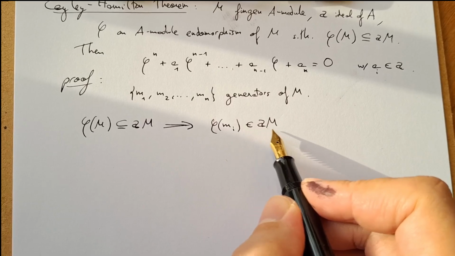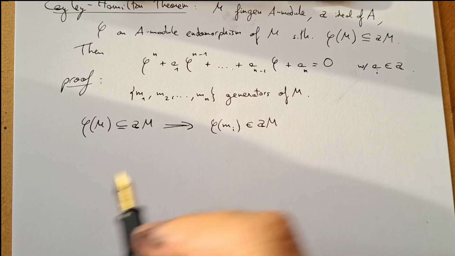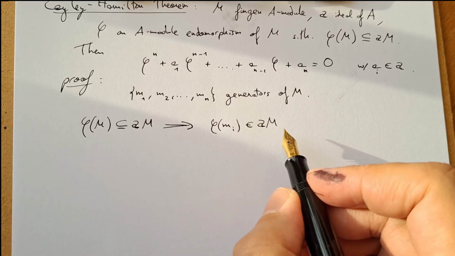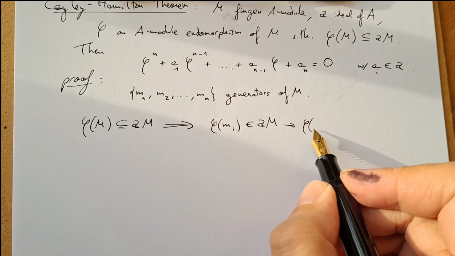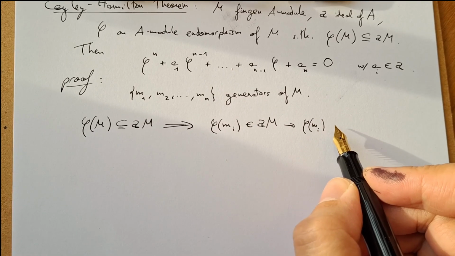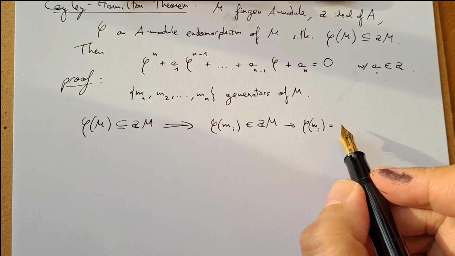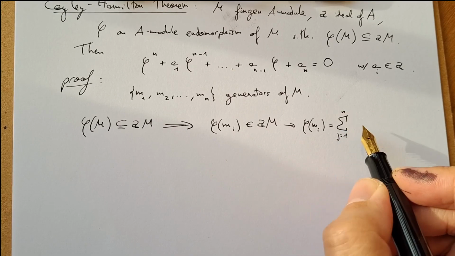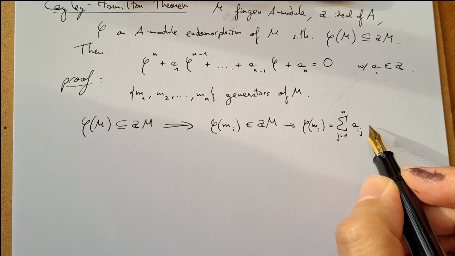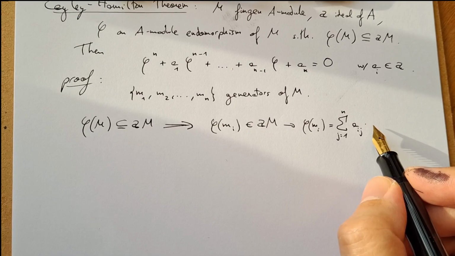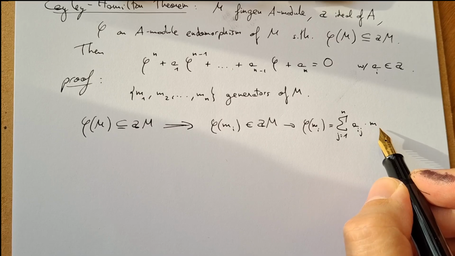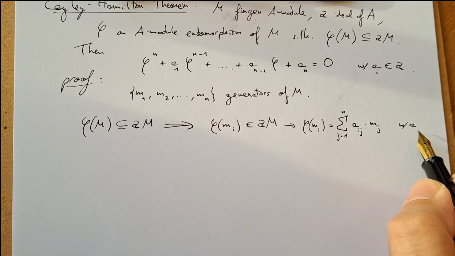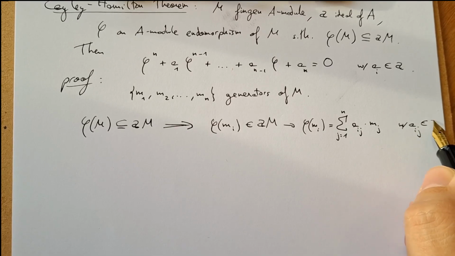And we know the shape of the elements in this ideal times module. So psi of m sub i equals the sum from j equals 1 to n of a sub ij multiplied by m sub j, and we have that a sub ij is an element of the ideal a.